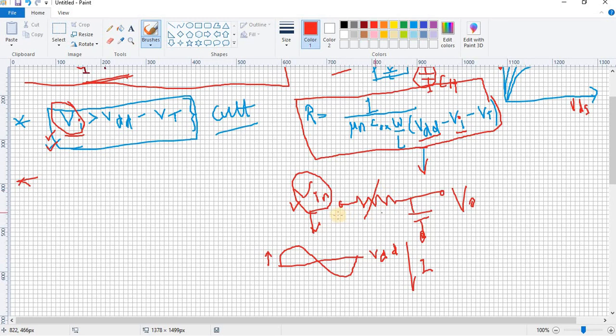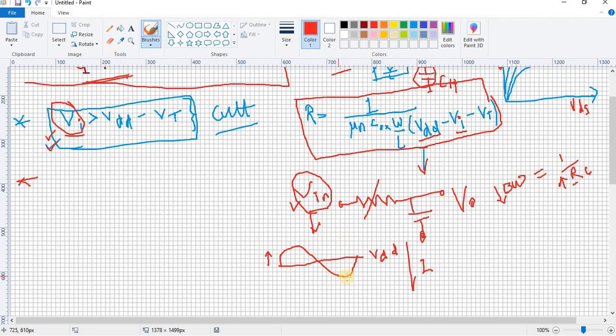If resistance is increased for the RC circuit, bandwidth is somewhat related to 1 by RC. So if R value is more, you will have less bandwidth, right? So with increasing RC, there is a possibility of larger distortion.